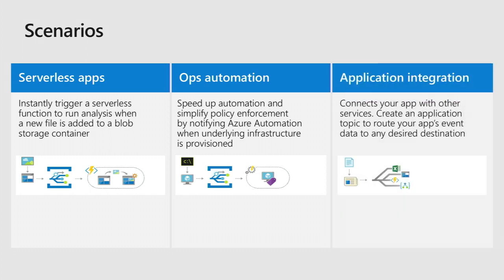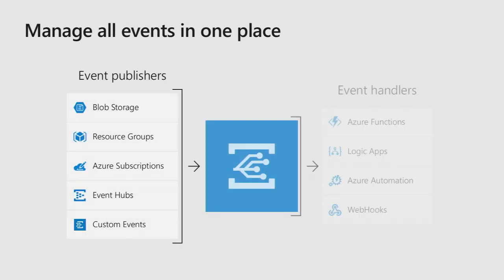And then there's the piece of integrating applications, even legacy applications, into a bigger system. Maybe I'm migrating from my legacy system to a new database, a new architecture, and I need a way to keep them in sync. If I can post to an HTTP endpoint from my old application, I can send an Event Grid message and consume it in my newer application.